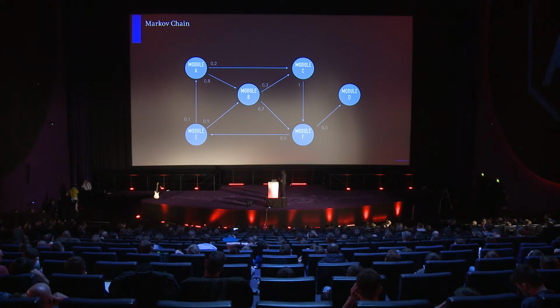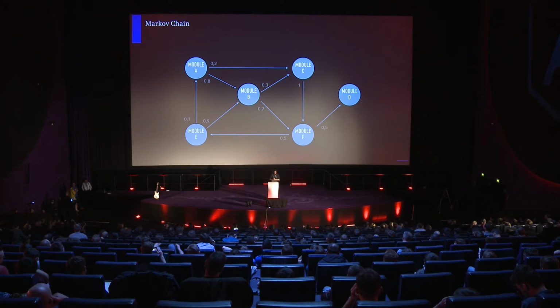Markov chains do nothing else than add the probability of the user going from module A to module B. For example, in this application, the probability for a user to go to module B is about 80%. And if the user is in module B, the probability is about 70% to go to module F.